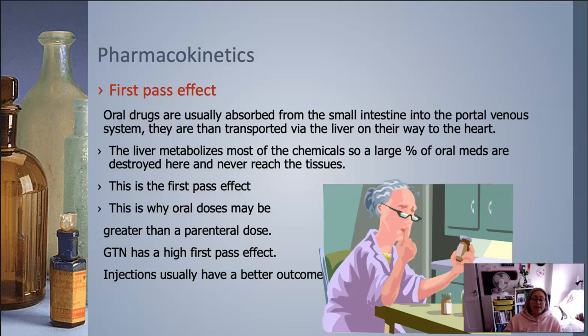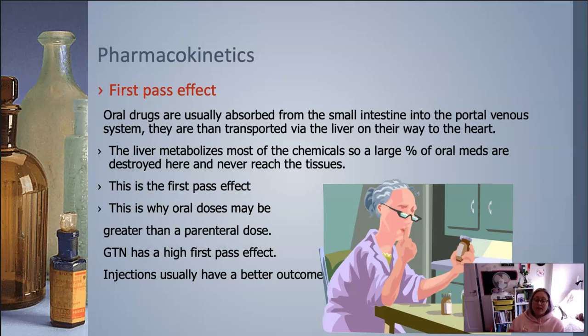Another example is that GTN, if taken as a tablet, has a very, very high first pass effect. So to actually get a response from GTN if it's taken orally, you have to have a much higher dose, which can put a lot of pressure on the liver.